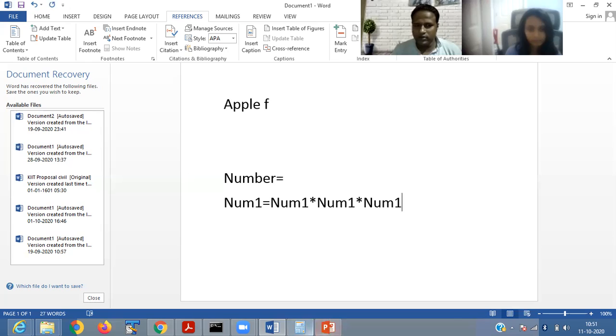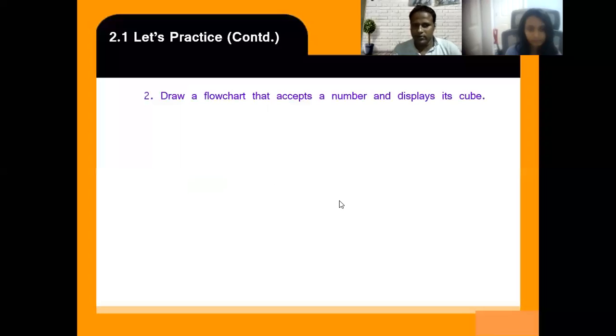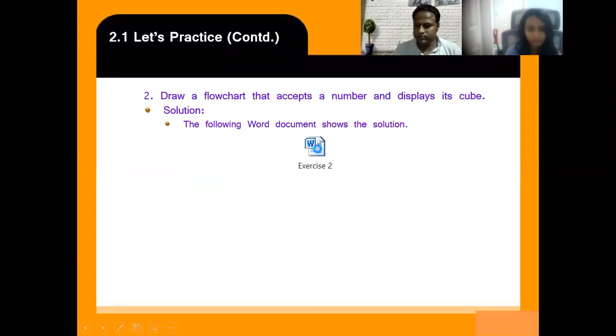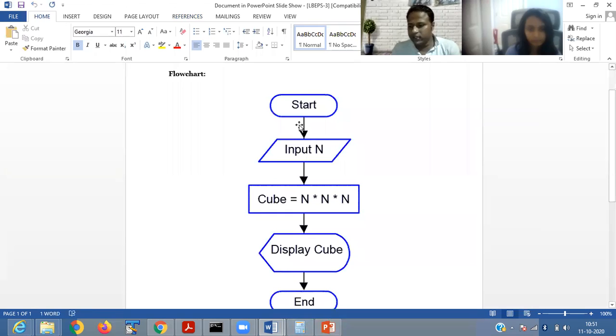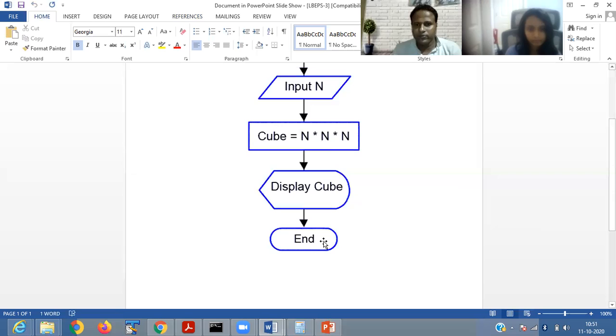So start, then input, we're taking a number, then we multiply the number, cube equals n into n into n, we multiply the number 3 times, then display the cube, then end of your flowchart.